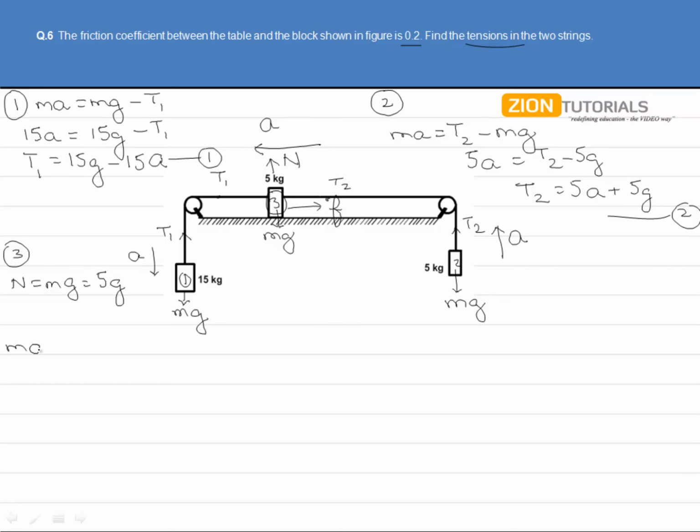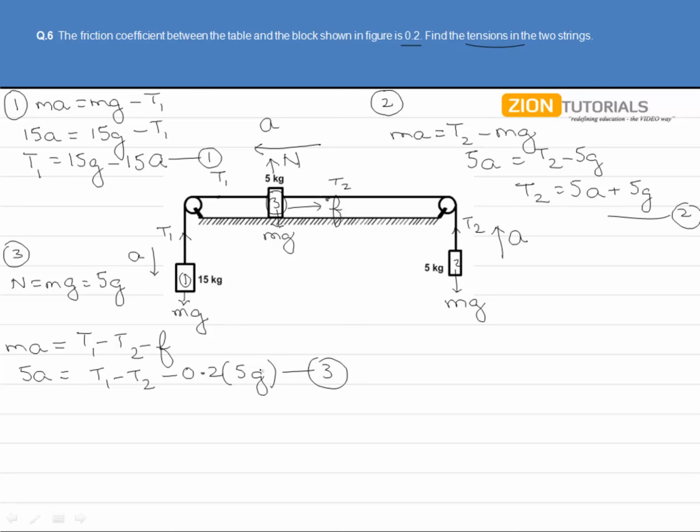In the horizontal direction, mass into acceleration is T1 minus T2 minus friction. So I can write 5a equals T1 minus T2 minus 0.2 into 5g. Let us mark it as equation number 3.